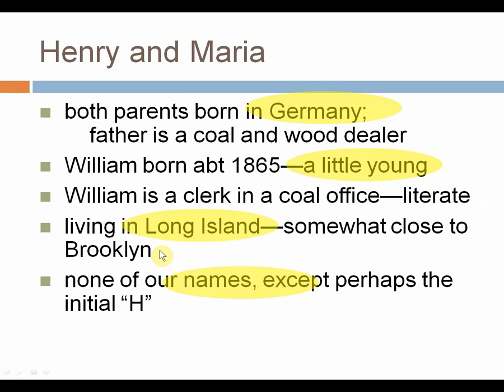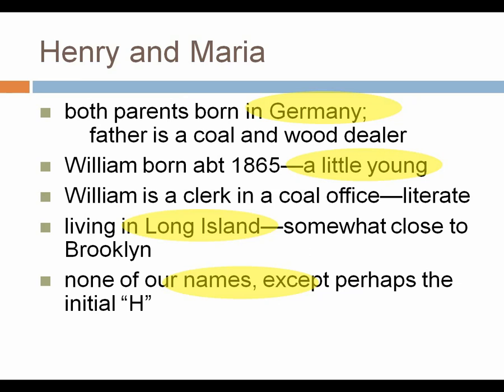We have William, who is the son of Henry and Maria. Both the parents in the household were born in Germany. That fits. The father is listed as a coal miner and a wood dealer. William is born at 1865. That's at the tail end. We're really looking at a William born 1861 to 64, but it's possible. He is a clerk in a coal office.